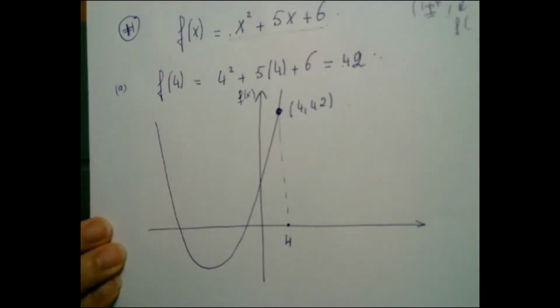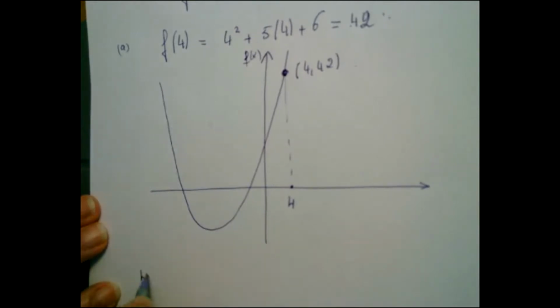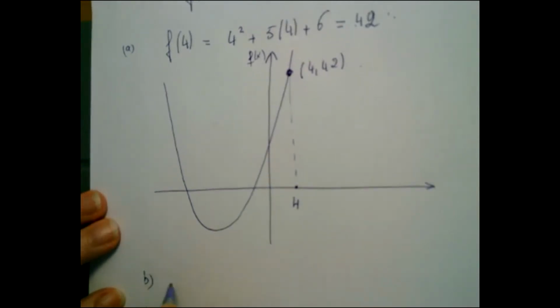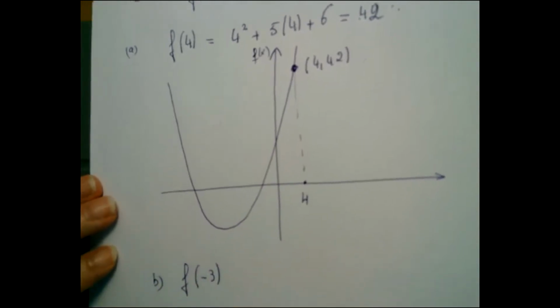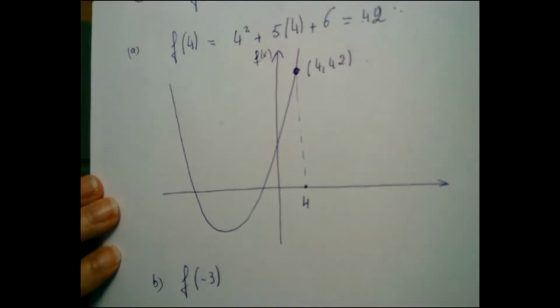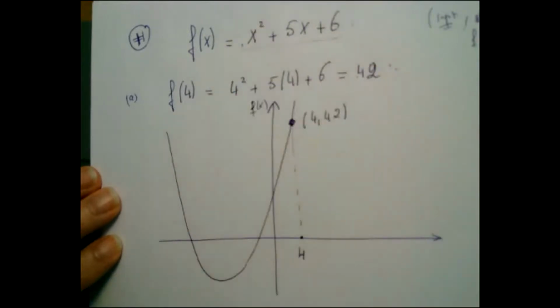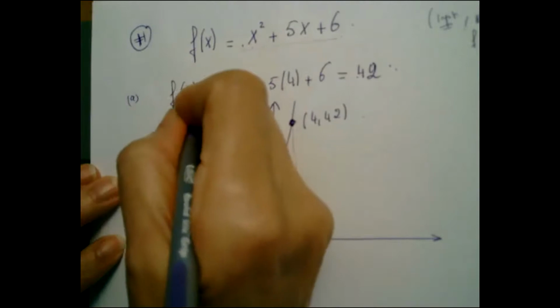All right, now let's look at B, and I will always connect to the graph if possible. B is asking me to find the output at -3. They give me the function and they tell me find f of 4. 4 is the input.